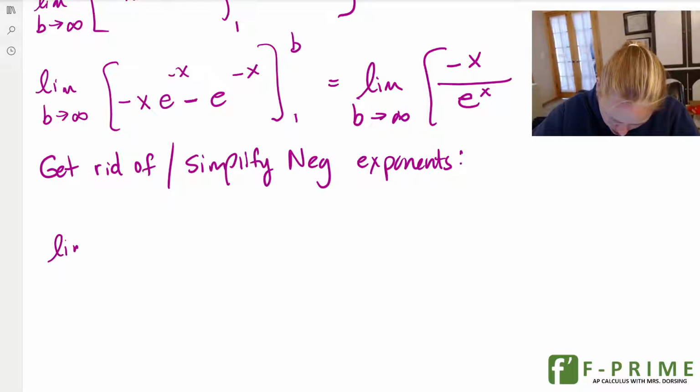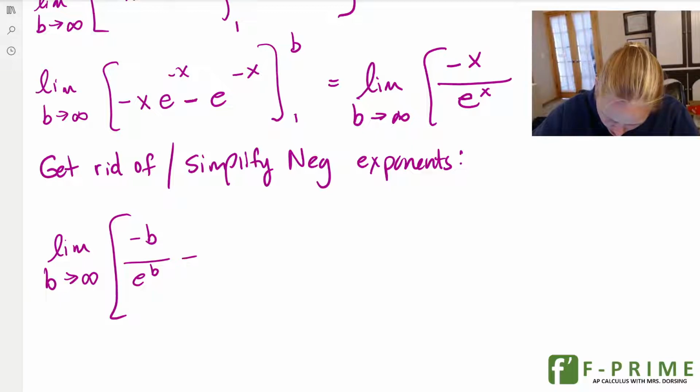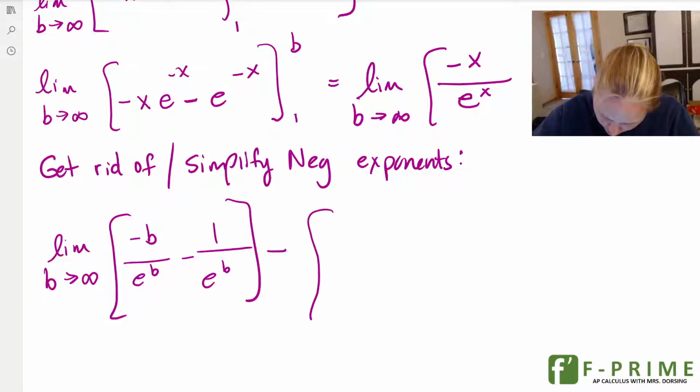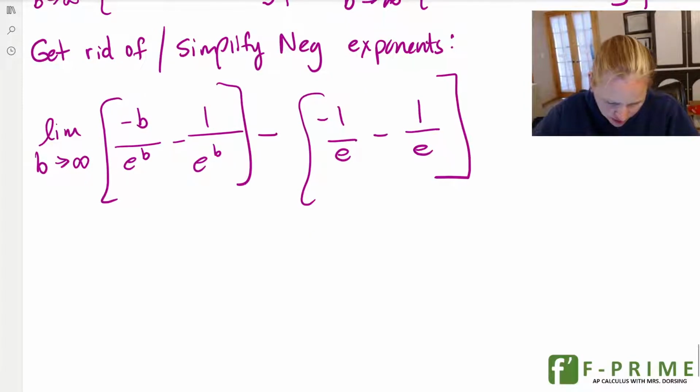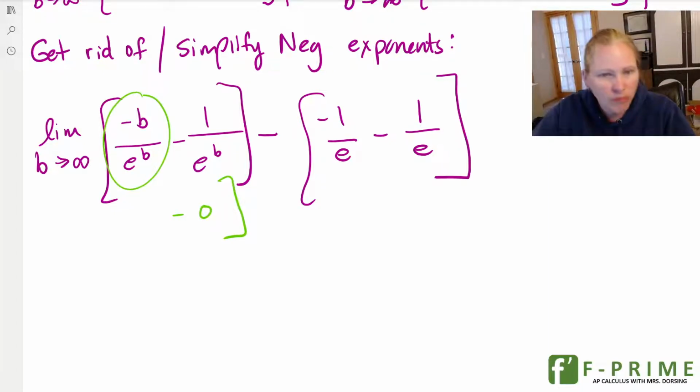We have the limit as b approaches infinity of negative b over e to the b minus 1 over e to the b minus, I'm going to plug in 1, negative 1 over e minus 1 over e. So now I'm going to evaluate the limits. As b approaches infinity, this guy goes to 0. But this guy, I need to L'Hopital my way through.